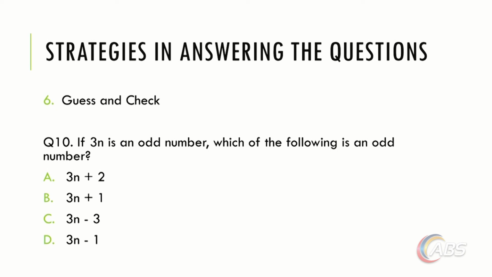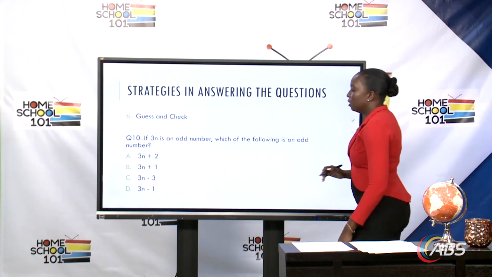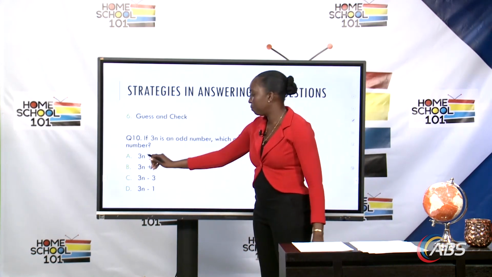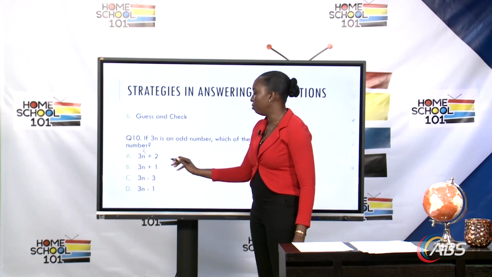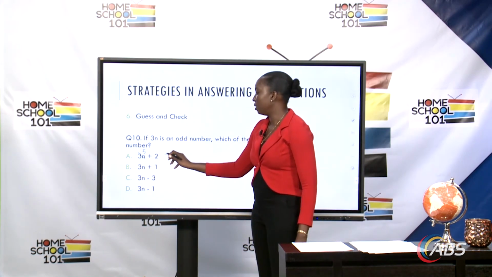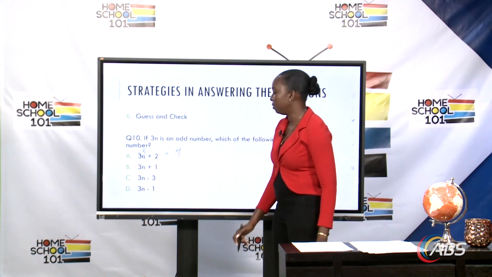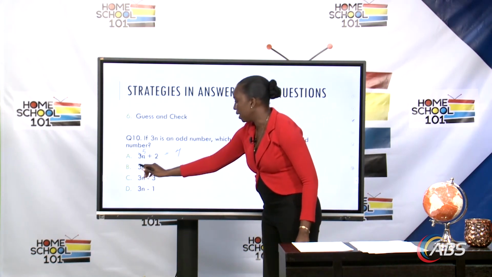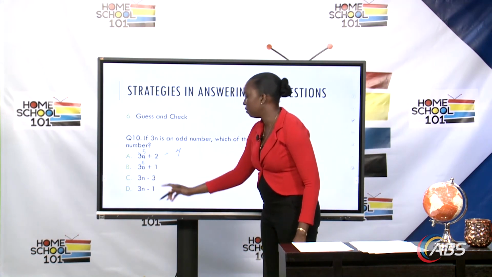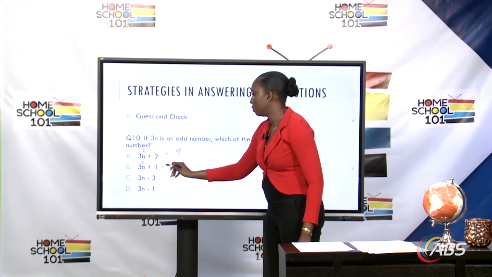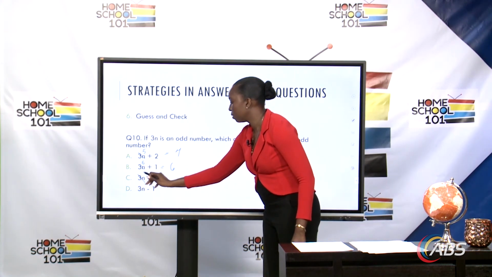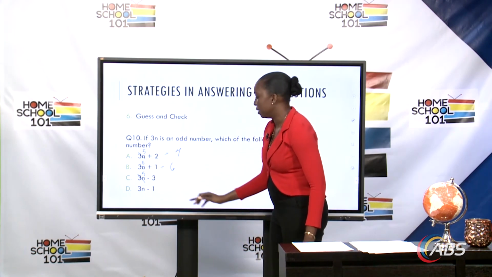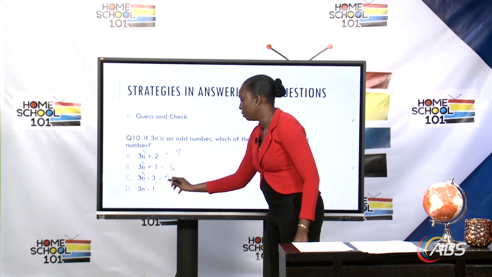3n is an odd number. Let's just choose an odd number. An odd number, I'm going to pick 5. So if 3n is 5, then 5 plus 2 is equal to 7. Likewise, if 3n is 5, 5 plus 1 is equal to 6. 5 minus 3 is equal to 2.